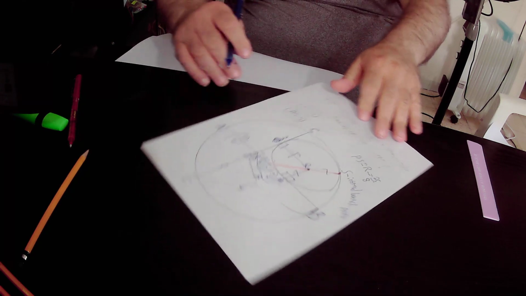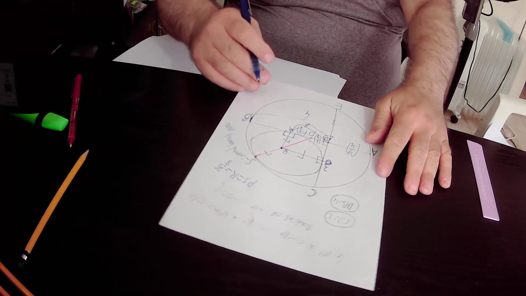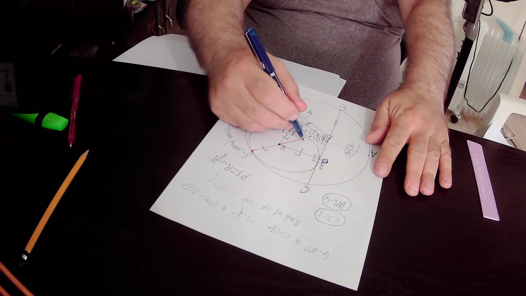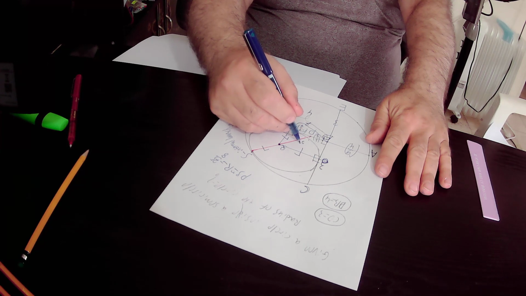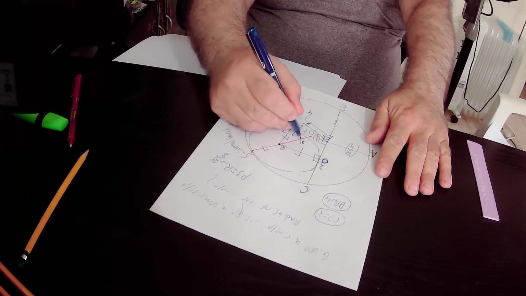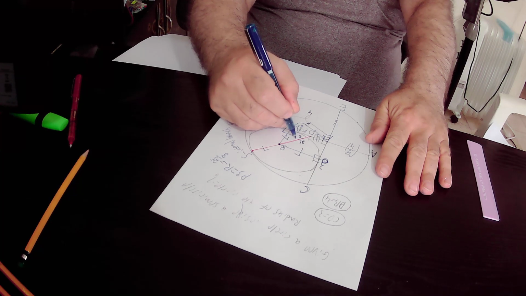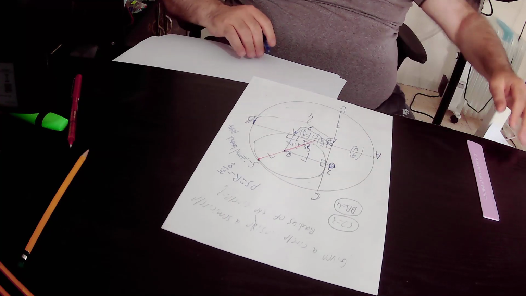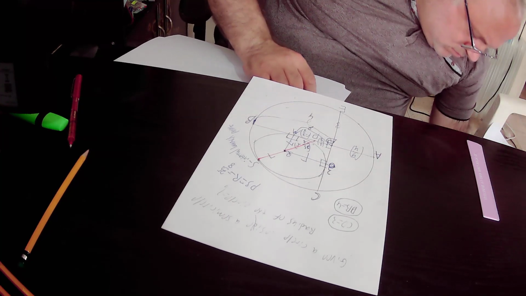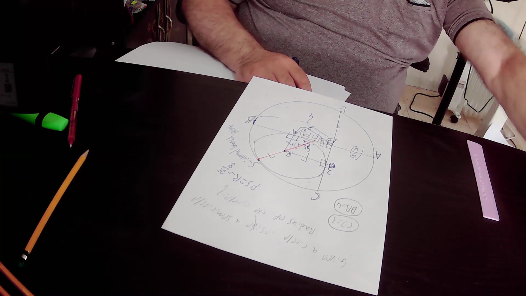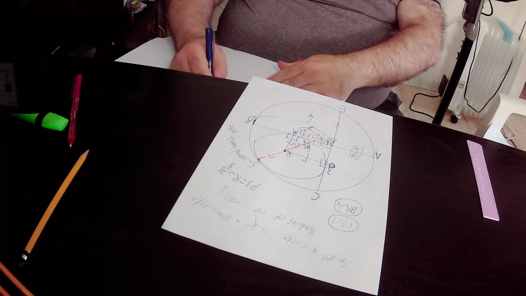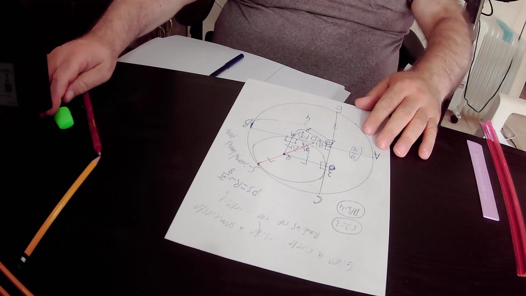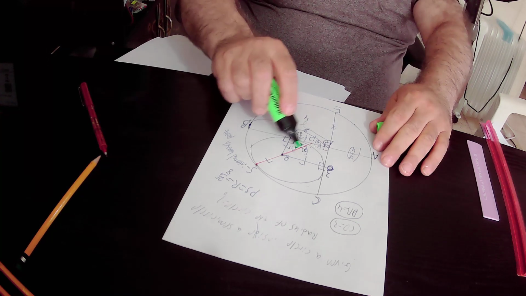So we can write here that QP, or PQ, equals 25 over 8 minus small r. Okay, so actually now we have all the sides of the right green triangle QPM.